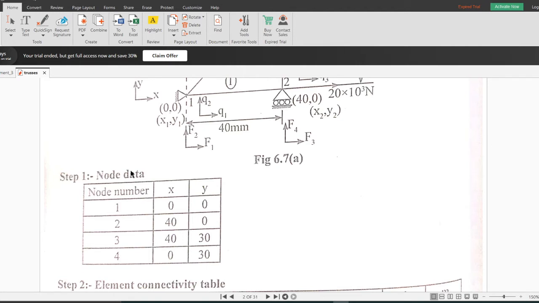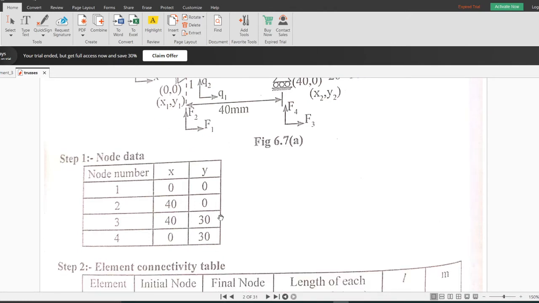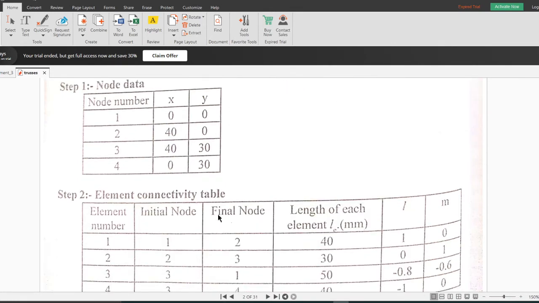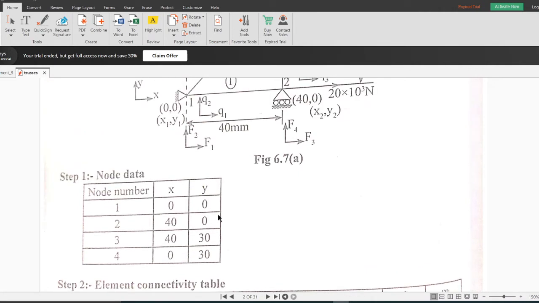What is the next step? Element connectivity table, sir. One by one, let me know.